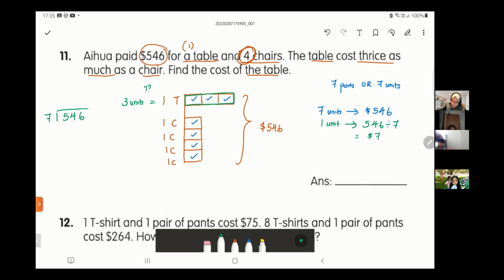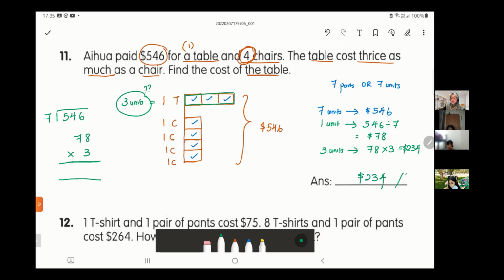This is 1 unit, but the table is 3 units. So 3 units will be 78 times 3. Then you do your working, and you get your answer $234. Answer, right?